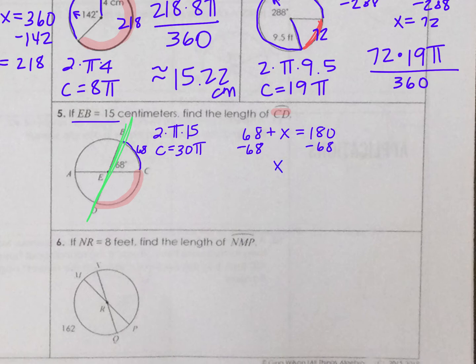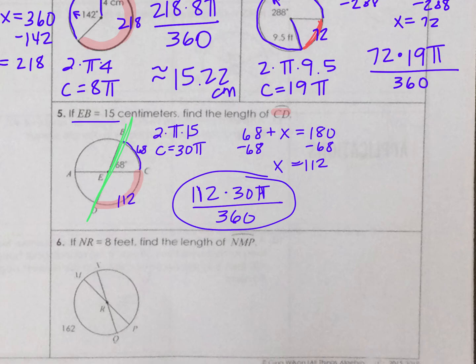So that missing pink section would be 112. So now we do our formula. X, 112, times the circumference, 30 pi, divided by 360.